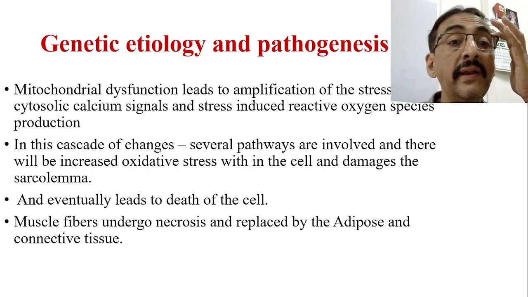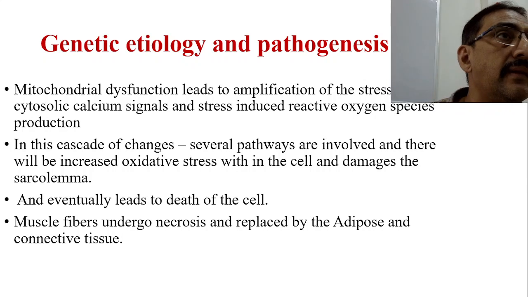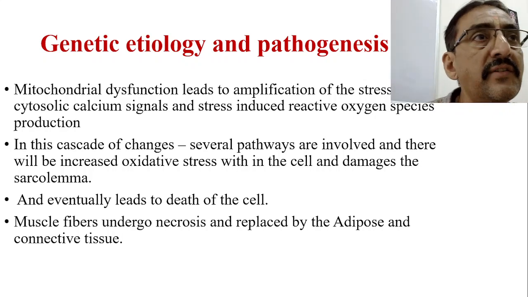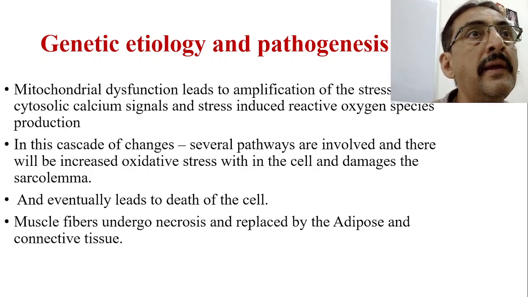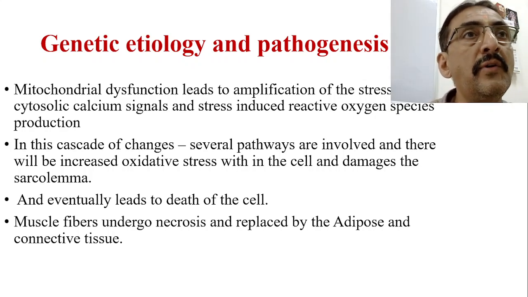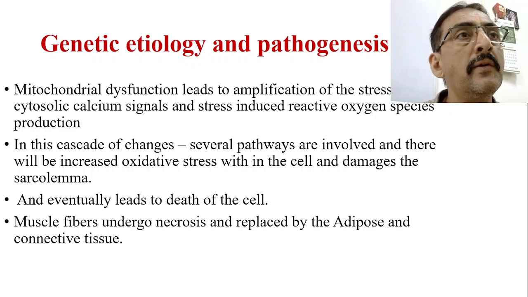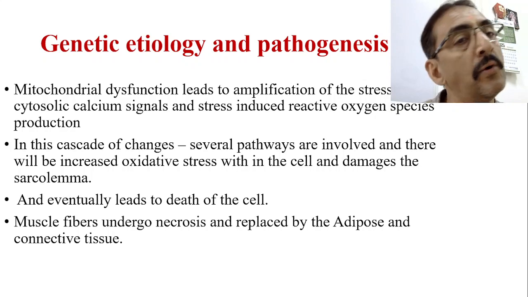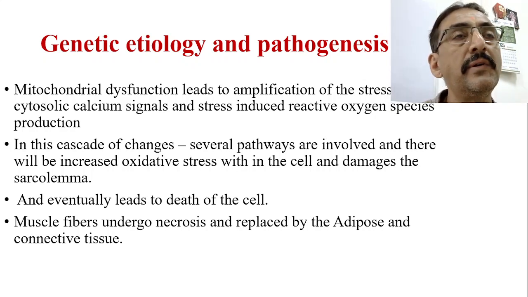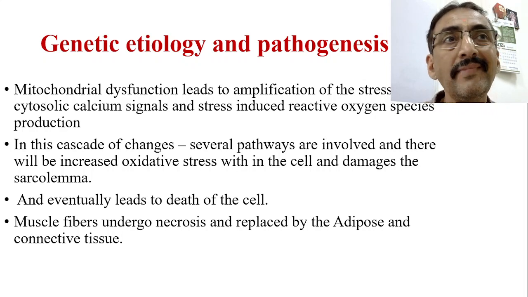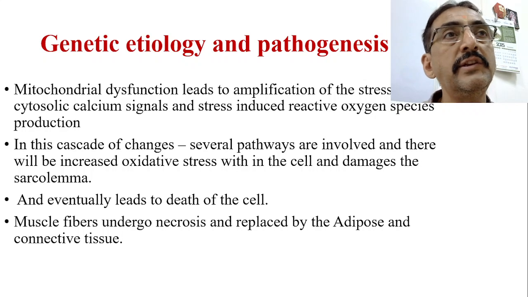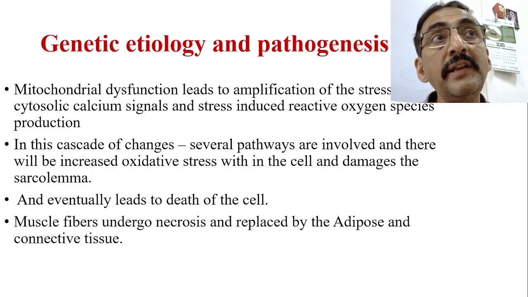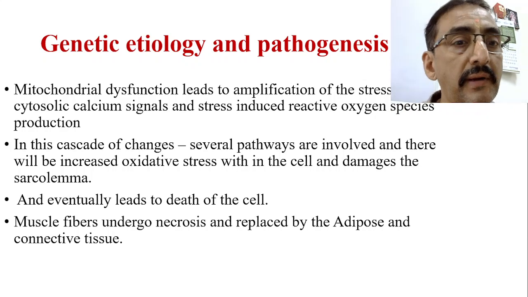So eventually it leads to the death of the cell, because nutrition is not coming, nerve signal is not coming, and more water and more calcium are coming. Stress-induced pathology and oxidative changes take place, so actin and myosin suffer and the sarcolemma is damaged. Once the sarcolemma is damaged, the actin and myosin inside are damaged, and these areas get filled by abnormal substances like fat, which leads to pseudohypertrophy, and eventually that muscle cell will die.